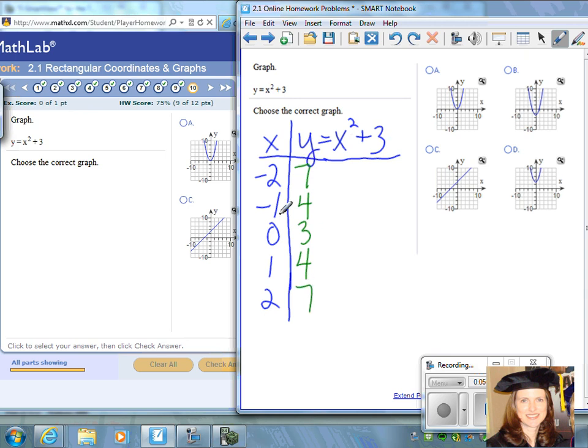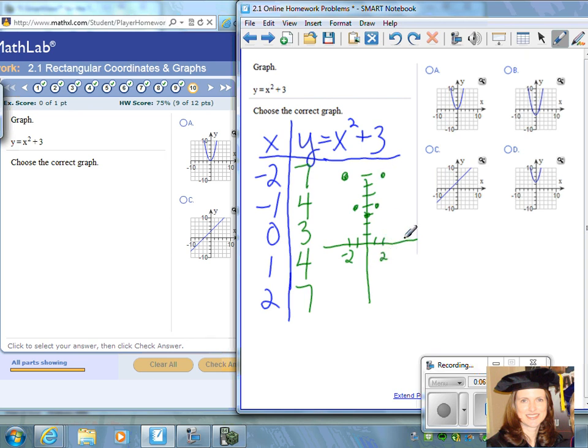Now each of these pairs of numbers corresponds to a point on the graph. If I were sketching this by hand, I would go negative 2 on the x-axis, up 7 on the y-axis, and plot my point here. Then I would go negative 1, up 4, 0, up 3, over 1, up 4, and over 2, up 7.